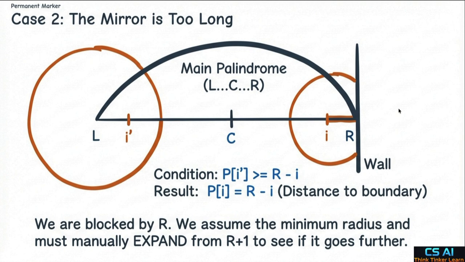So, we set P[i] to the distance to the boundary, which is R minus i. We assume this is the minimum radius. Then we manually expand starting from R plus 1 to see if the palindrome actually continues further. Even though we are expanding, we're starting from a very advanced position, which still saves us a massive amount of work compared to starting from 0.